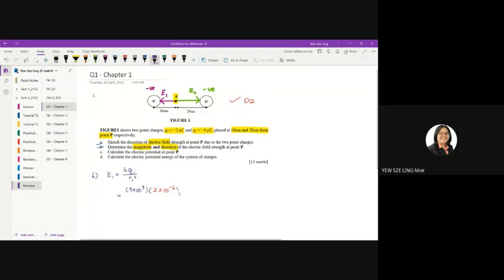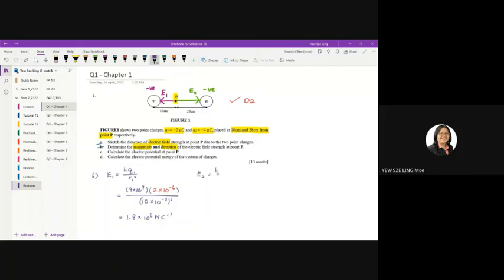And then over the distance given, 10 cm from point P, so 10 times 10 to the power of -2 m. Don't forget the square. If you got it right, you will get E1 equals 1.8 times 10 to the power of 6 N C^-1.